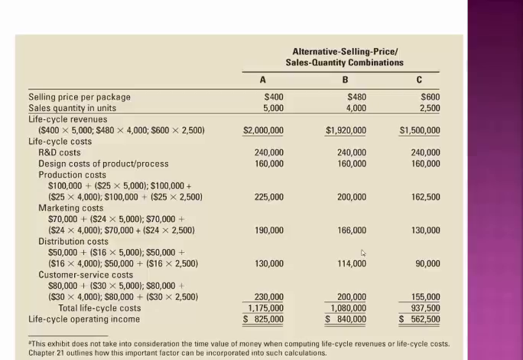Alright, so managers are going to evaluate those revenues and costs over the entire life cycle, considering what we think we can sell with the price that we could set, and then we would choose the one that gives us the optimized operating income.